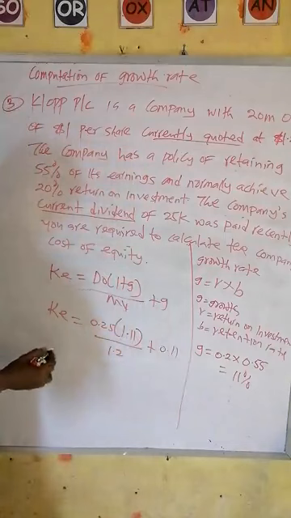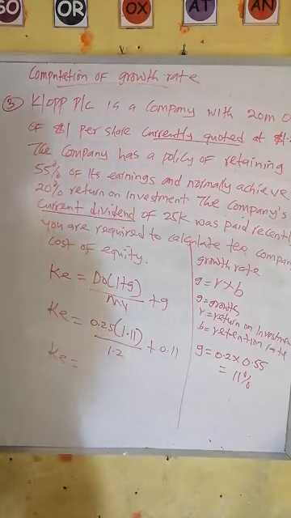Plus the growth rate, that's 0.11. So therefore our KE, cost of equity, is equal to 0.25 multiplied by 1.11, divided by 1.2 plus 0.11.